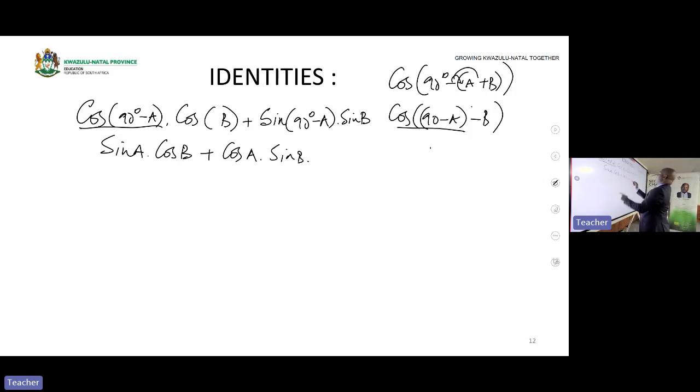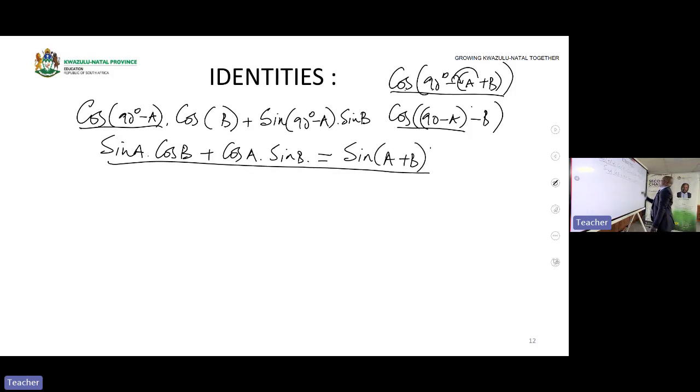So what does it mean? It means this will be, because cos 90 minus A plus B, it is the same as what? As sine A plus B. I want to believe that we all understand where the compound angle comes from for sine. That's where it comes from.